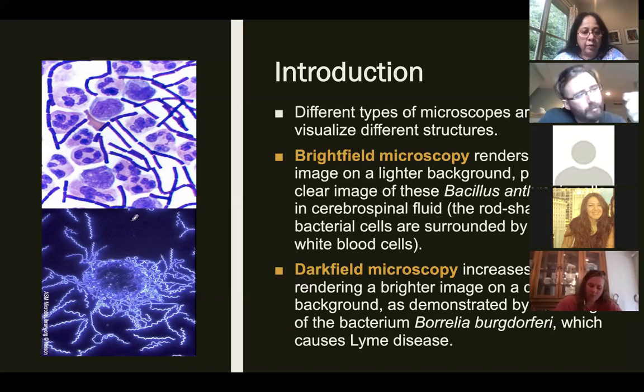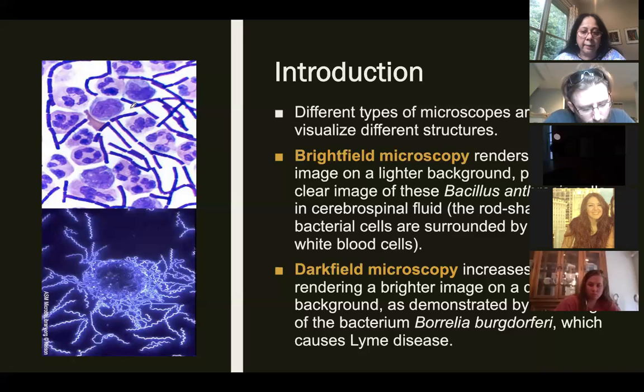Okay, in this slide, you can see both are two different pictures, but two different types of image. The first one, it's called bright field. The image actually came from bright field microscopy. Over here, you can see that the image is really darker, and the background is really bright.